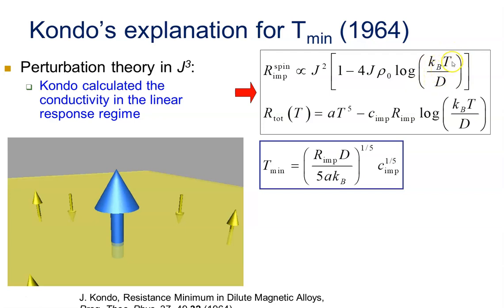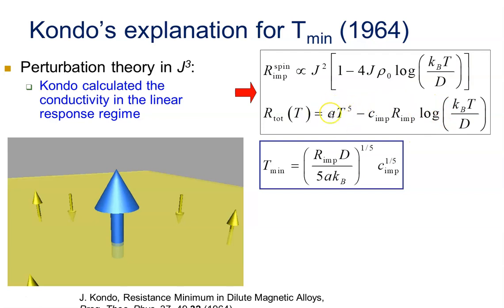Notice that kBT is small. This only appears when kBT is small, because that's when this log becomes large enough to be larger than this one. And in fact, if you add the other terms, the other processes that usually scale with the fifth power of the temperature, so it decreases with temperature, then at some point you get a minimum.